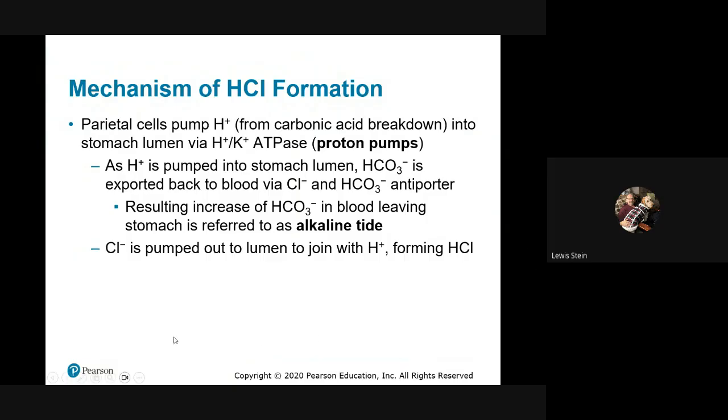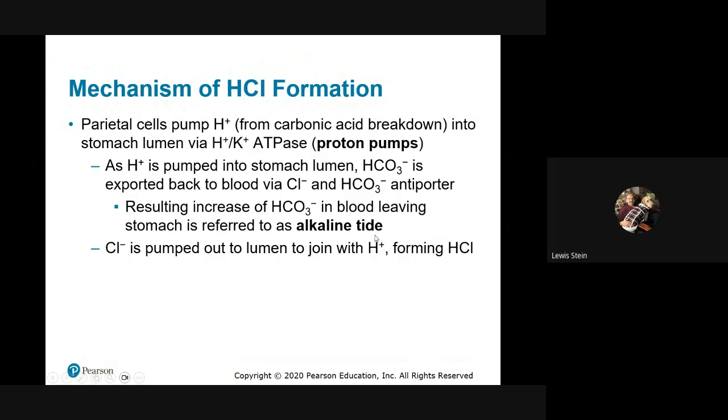Here's what I was telling you about, the alkaline tide. The parietal cells pump hydrogen. Carbonic acid is where they get the hydrogen, that wonderful action. As it's pumped into the stomach lumen, the bicarbonate is exported back to the blood via chloride-bicarbonate antiporters. The result is an increase in bicarbonate in blood leaving the stomach, because the chloride is leaving the blood and the bicarbonate is coming into the blood.